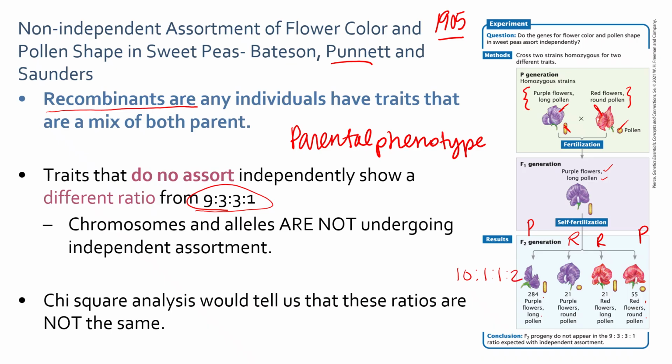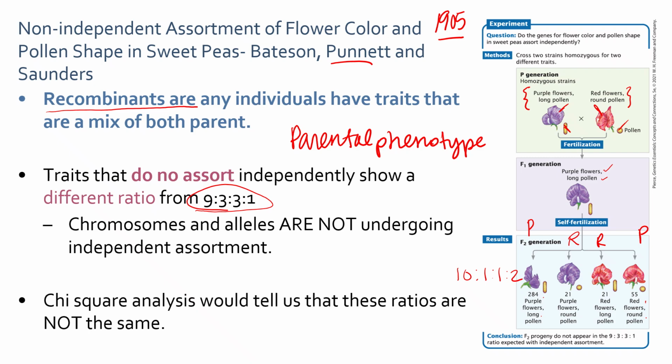Something like that. It's not exact because we would expect, if it was independent assortment, 16 different genotypes and 4 different phenotypes. But this is clearly not a 9:3:3:1. So they decided that something must be going on, and these chromosomes were not actually undergoing independent assortment.